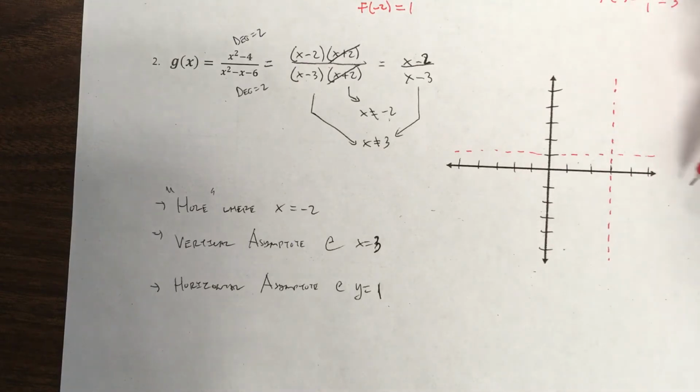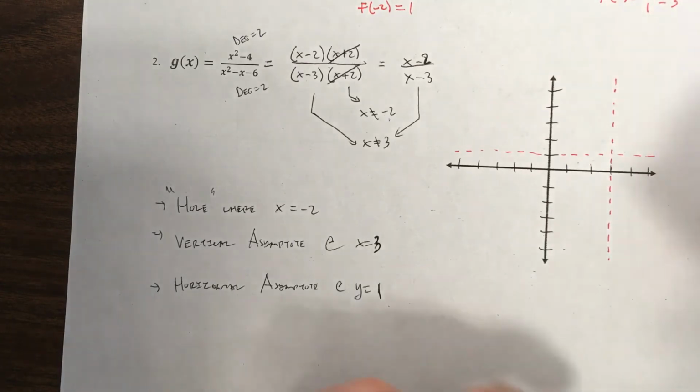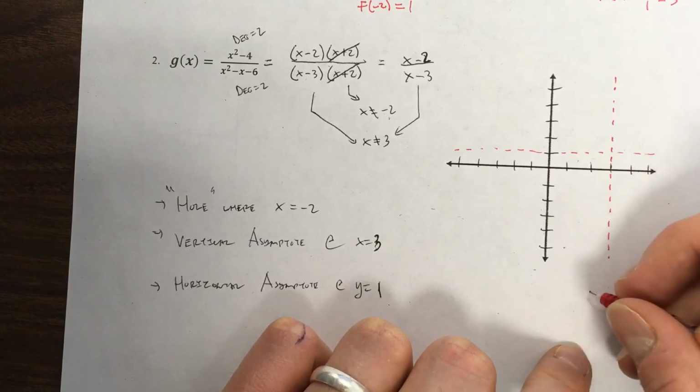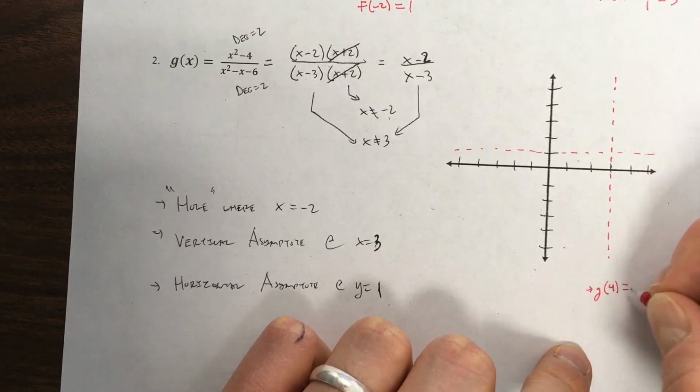If we go to the right, maybe 1, 2, 3, 4, because 3 won't work, let's go 4. So I'm going to say g of 4.